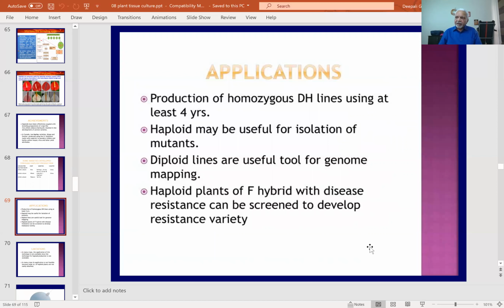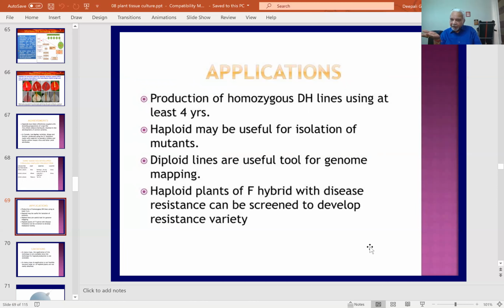So, as I mentioned, the applications are introducing homozygous doubled haploid lines, and they have been useful in isolating mutants, dominant or recessive mutations. When it comes into homozygosity, it expresses itself. You can choose it and use it for crop improvement programs.